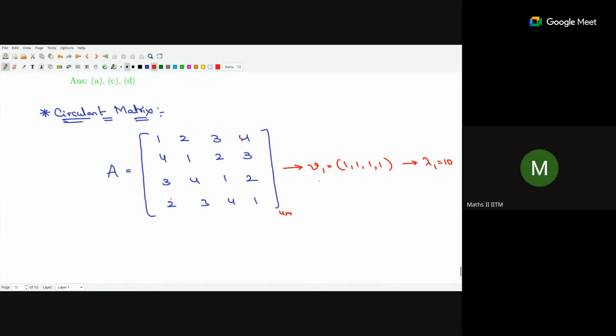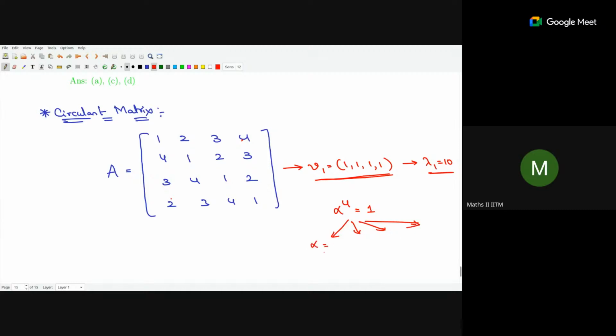So one eigenvalue will be this, with the corresponding eigenvector being this, and the eigenvalue being the row sum. The other eigenvalues you can get from the nth root of unity. Here it is the fourth root of unity. As we all know, the fourth roots of unity are the roots of the equation alpha power 4 is equal to 1. If you solve for the 4 roots, you will get 4 values.